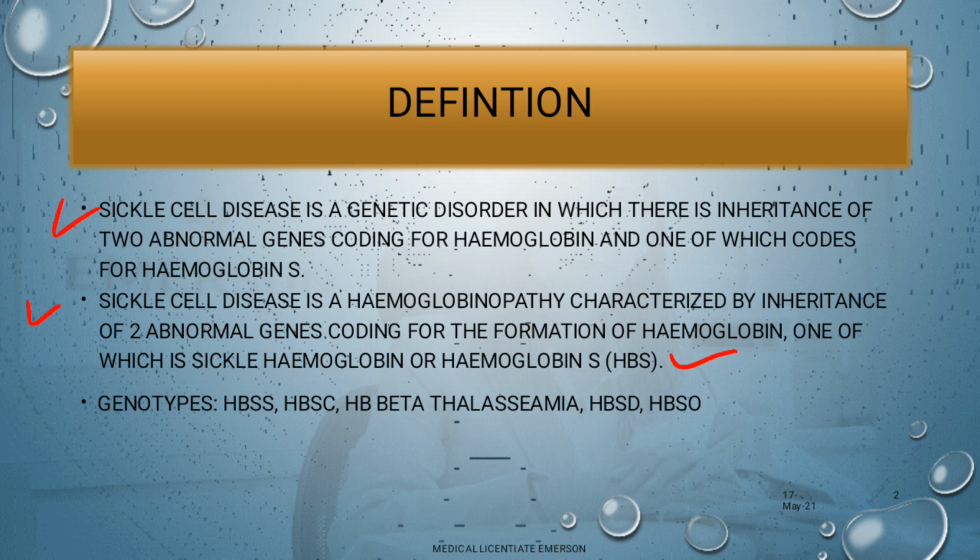Then in terms of genotypes, we have the HbSS, HbSC, Hb beta thalassemia, HbSD and HbSO.